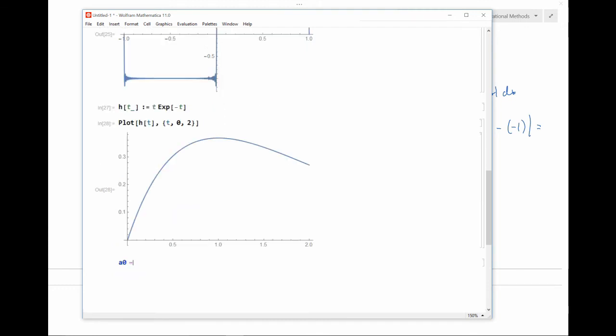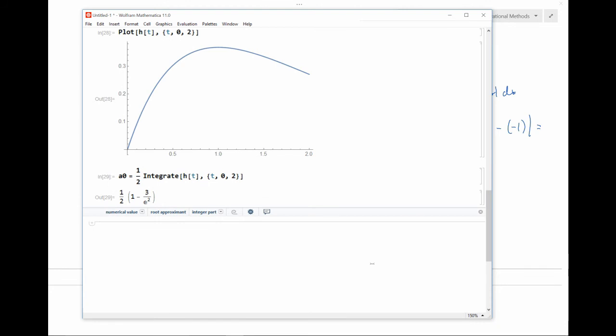A0 is just going to be the integral of h of t when t goes from 0 to 2 times 1 over L. A_k is going to be 2 over L times the integral of h of t times cosine of 2 pi k over L, which is 2 in this case, multiplied by t, as t goes from 0.